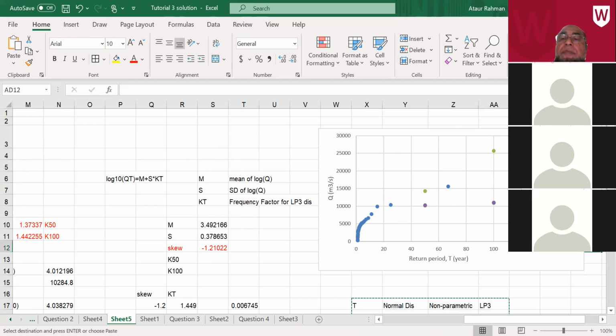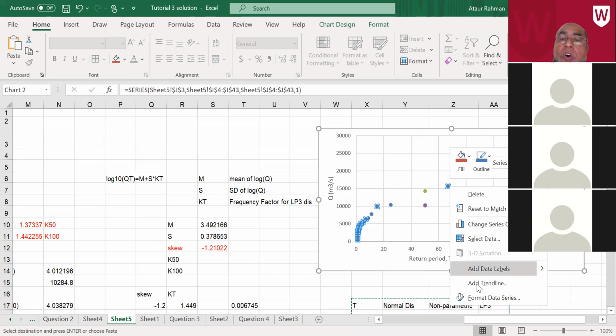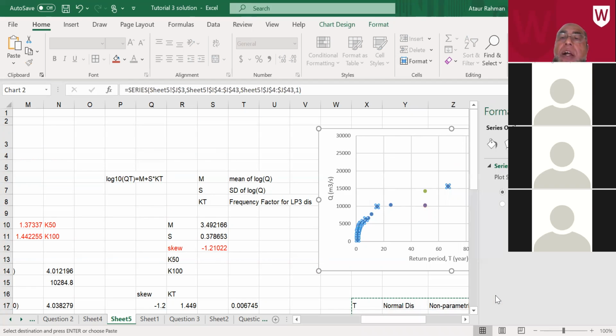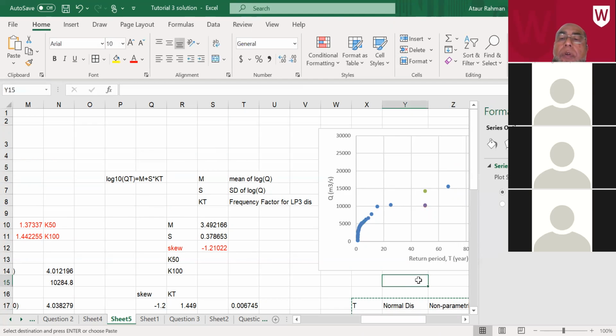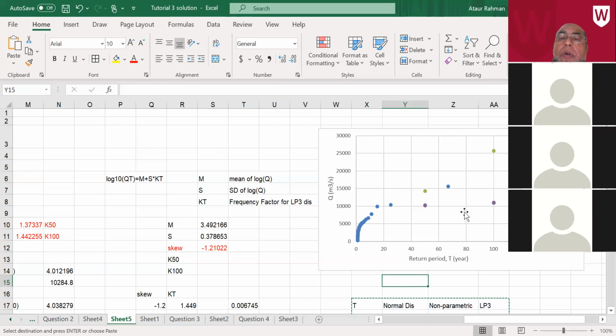And now we can see that the observed flow is this. And it's always a good idea to make the observed flow hollow, so format the data series. So this is the flow data here.